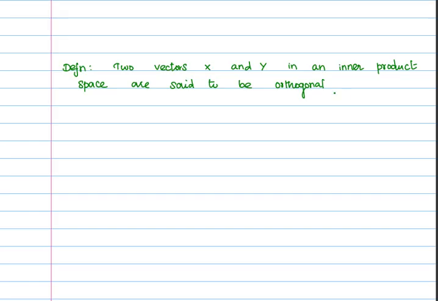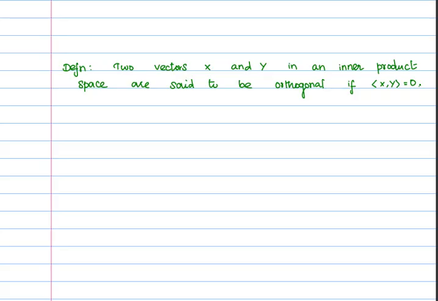Two vectors x and y in an inner product space are said to be orthogonal if the inner product of x comma y equals 0.